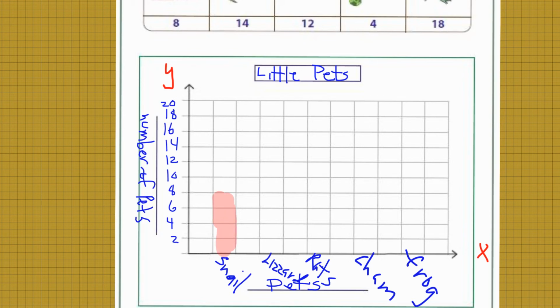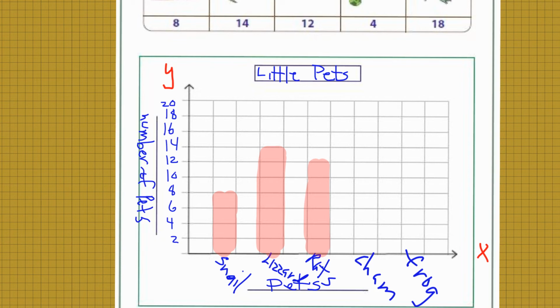And that's it. You can fill it in real good if you like, or just put a line through it, or put X's through the box. Lizards went up to 14, so I'm going to go up to 14. Okay. And then rats go to 12. Okay. Kept the numbers even.